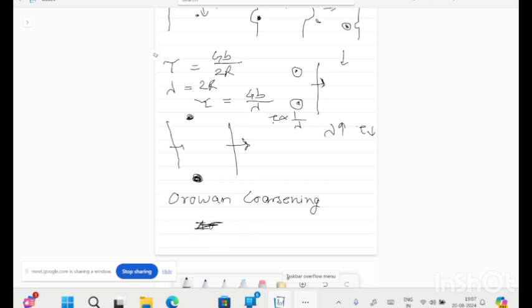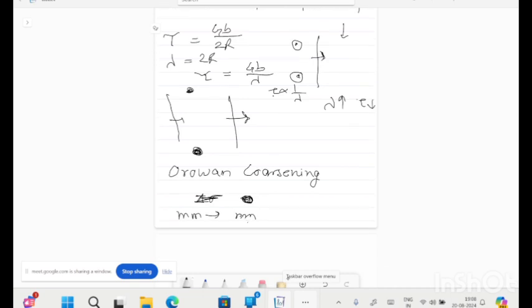So as the particle size increases, the interfacial surface area decreases. Because as we see, if we go from millimeter to nanometer, at the nano level the surface area increases.